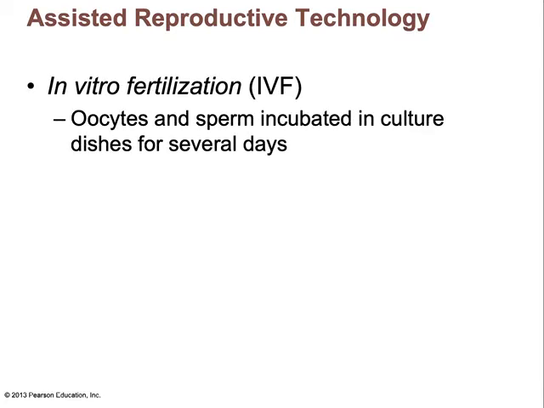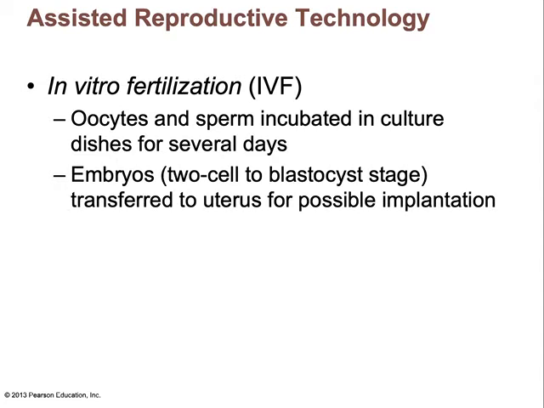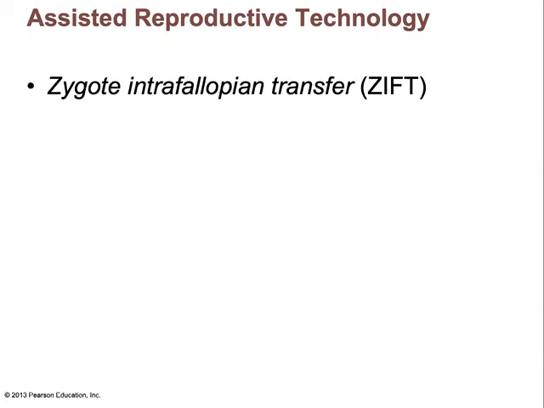In vitro fertilization is, as we've described, taking place in a container outside the woman's body. The blastocysts are transferred to the uterus for implantation.